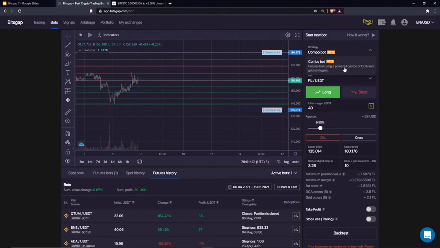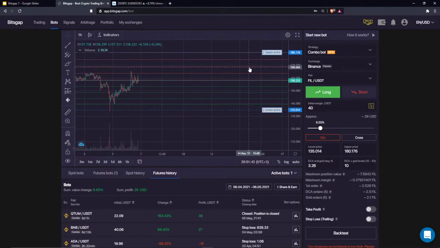So we had the classic bot, the first traditional one, and then we added the SBot. Most likely for the futures market, you will see the combo bot and maybe some other bots as well, designed for the futures market but with different algorithms, so that you can choose depending on the risk appetite and current market conditions. Right now, it's just how it is.